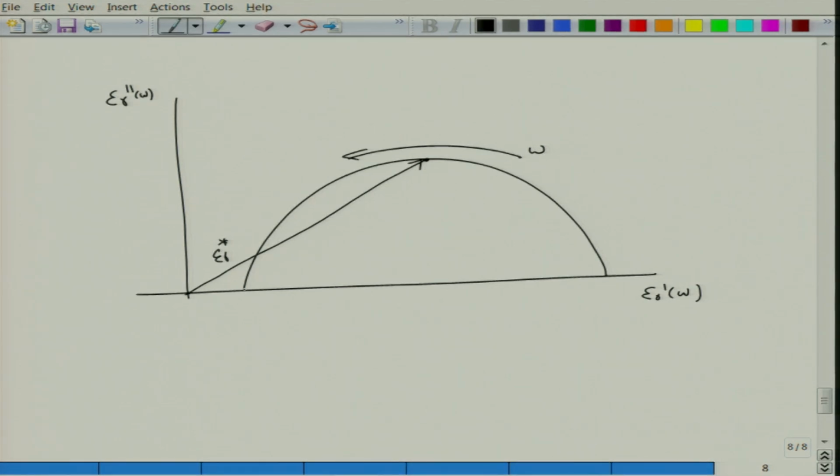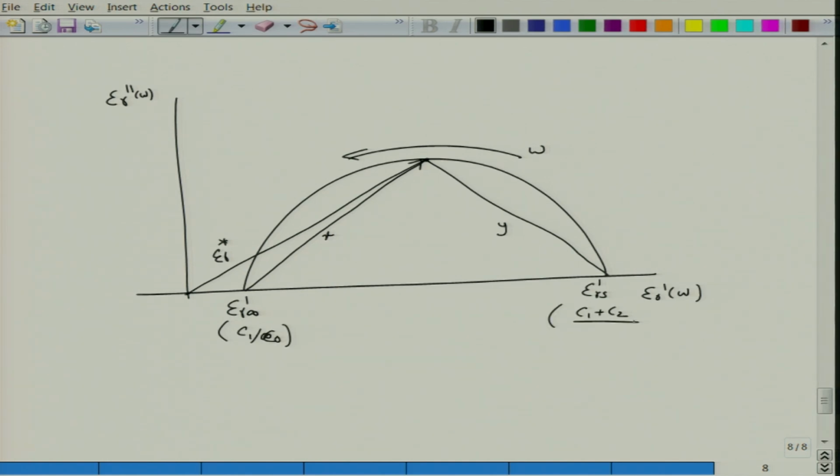Within this you will have this as x and this as y, and using these x's and y's you can write the equation of the semicircle. Here this would be epsilon r infinity, this would be epsilon r s, which is nothing but C1 divided by C naught, and C1 plus C2 divided by C naught.